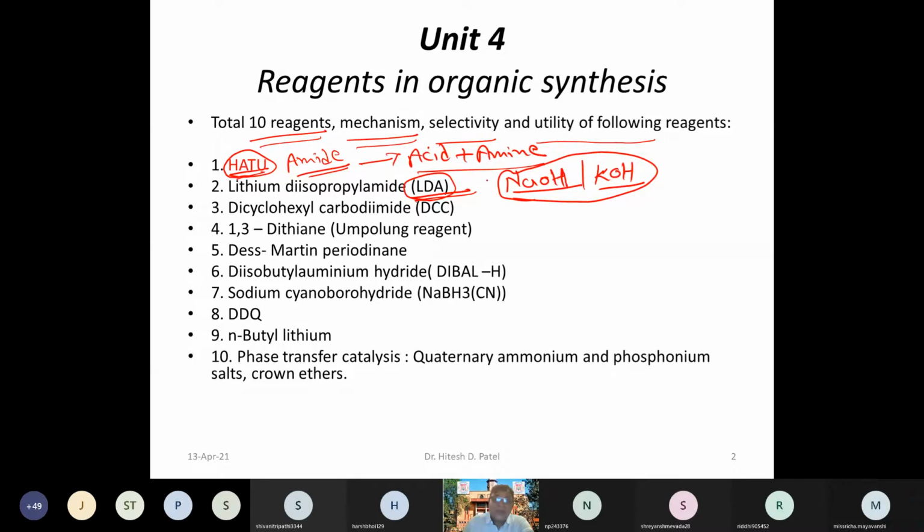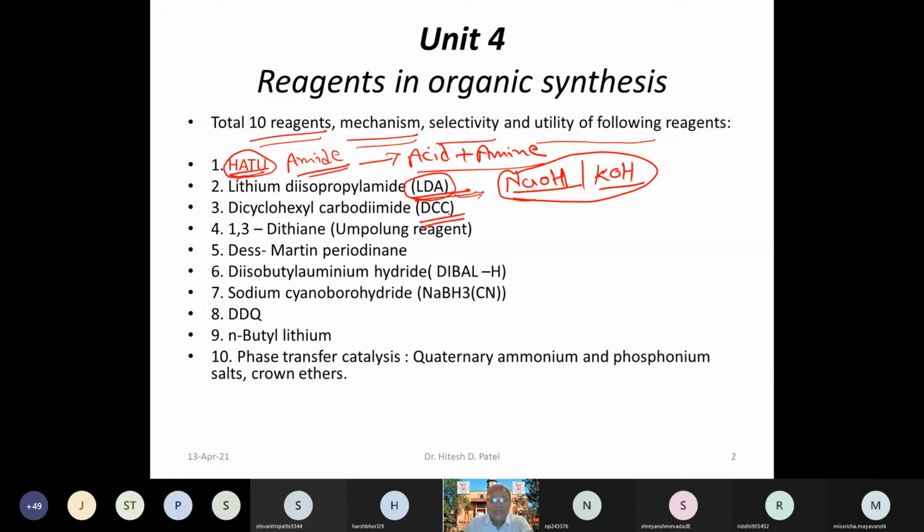So that's why other reagents we have to use. Its name is LDA, lithium diisopropyl amide. How it works in a particular reaction, again as I said, we will discuss with the particular reaction and its mechanism.